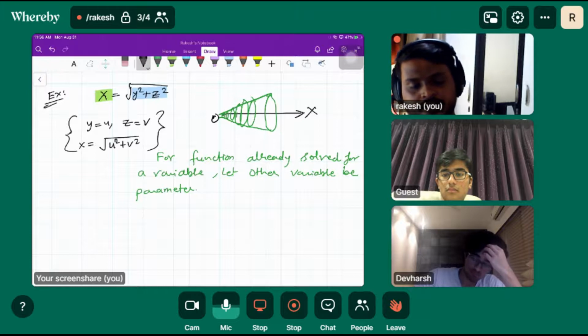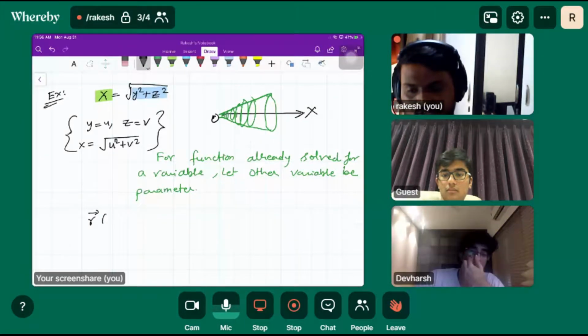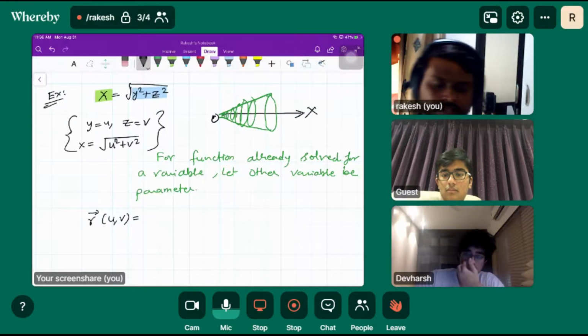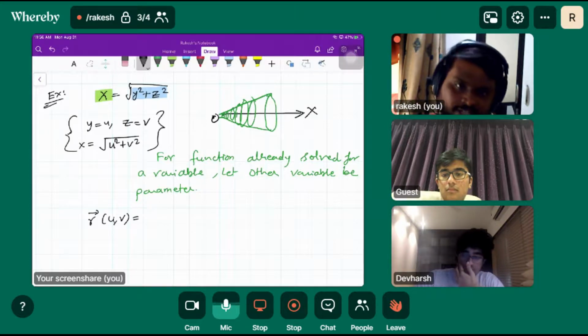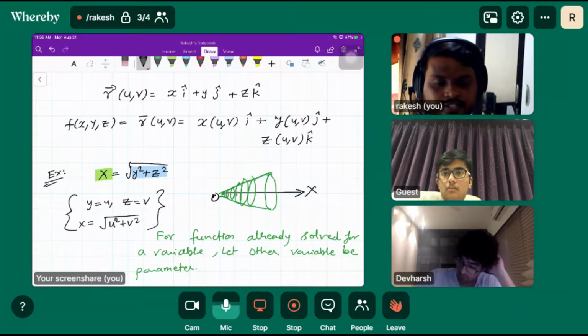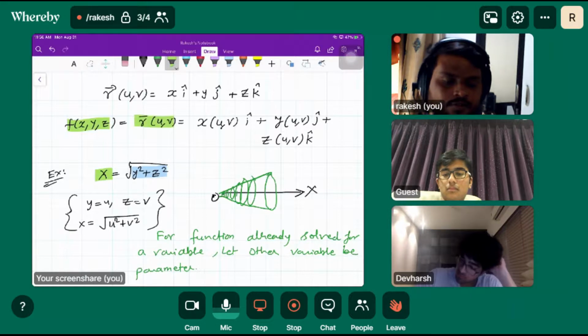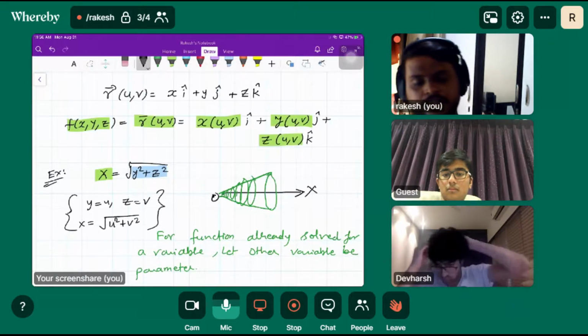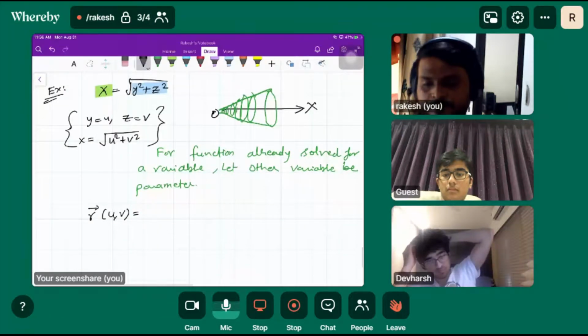Then how do we write r bar (u, v), the vector form of the surface? We got the x, y, and z components here. We can simply plug them in this equation to find the vector form of the surface.